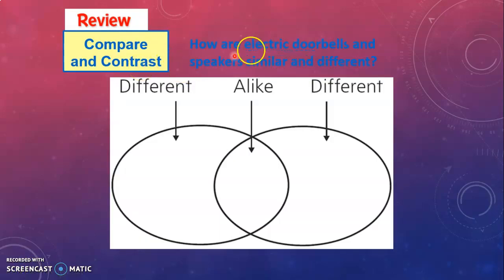Now let's continue. Compare and contrast. Question. How are electric doorbells and speakers similar and different? Okay, that means en qué son similares and en qué son diferentes. The doorbells, los timbres eléctricos, and the speakers, los altavoces.